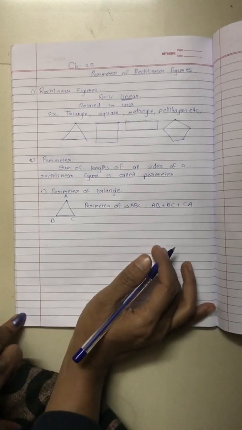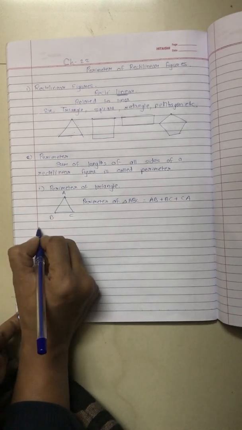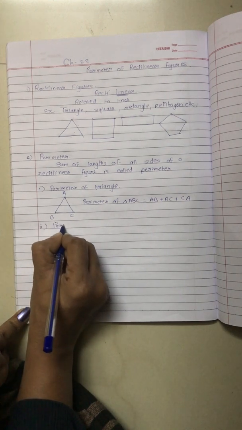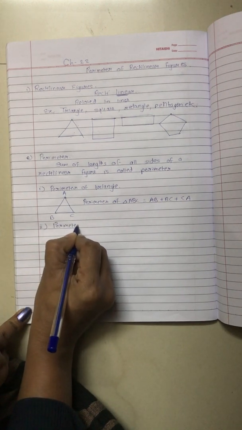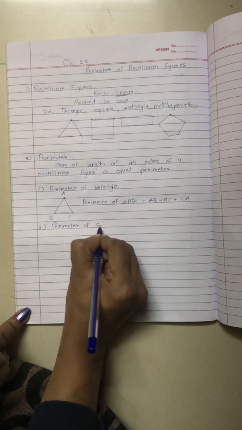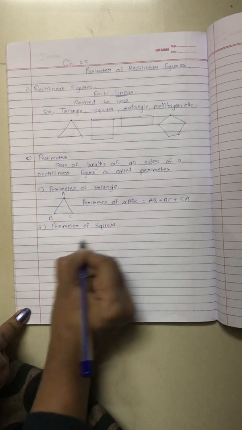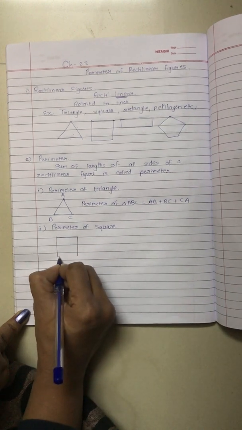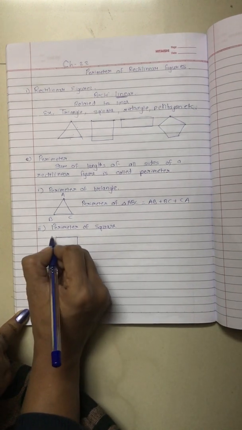Now we will talk about the second formula, that is the perimeter of a square. In a square, all of you know that all the sides are equal.